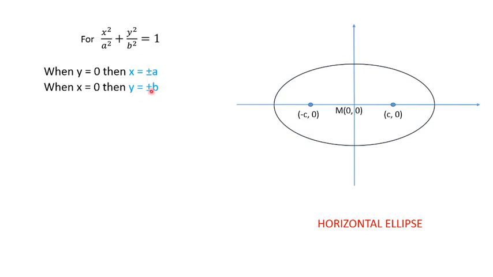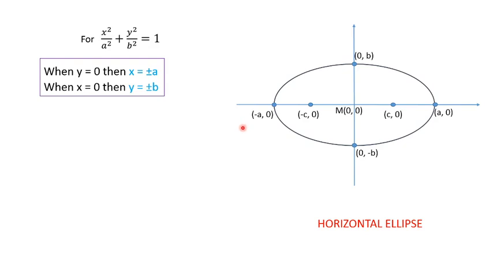So let's see what points those are. The first points are called the major vertices: you have (minus a, 0) and (a, 0). And the second two points are called the minor vertices: you have (0, minus b) and (0, b).